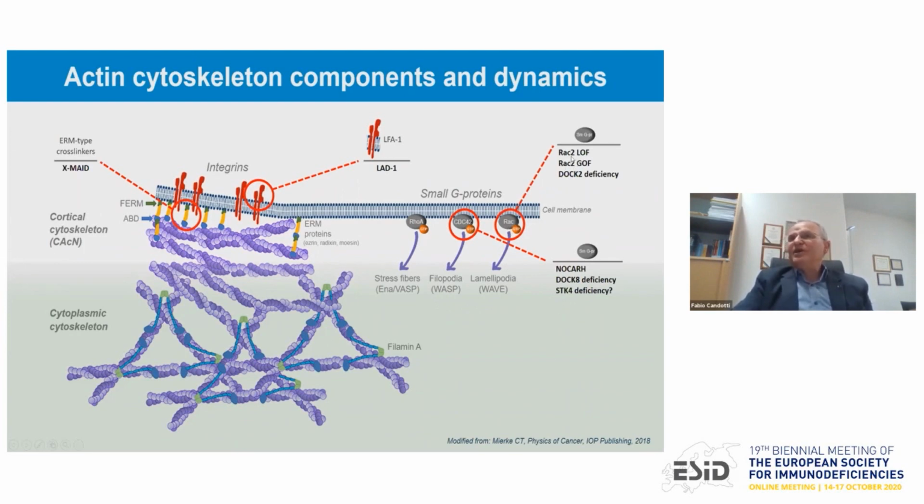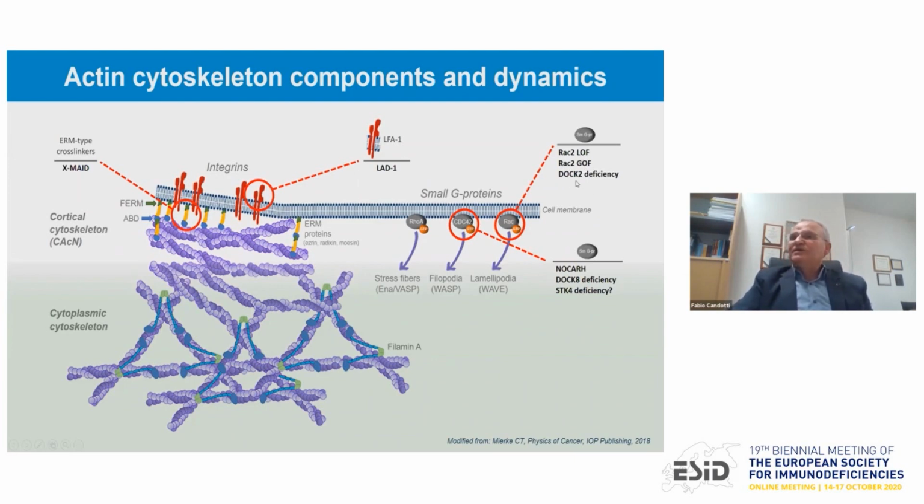Similarly, genetic mutations have been found to affect the expression of RAC2. These mutations can be loss of function and cause an underlying immunodeficiency that presents with recurrent severe abscesses, defective wound healing, and defective neutrophil adhesion and migration. Or these mutations can be gain of function and present with a phenotype that is that of a severe combined immunodeficiency.